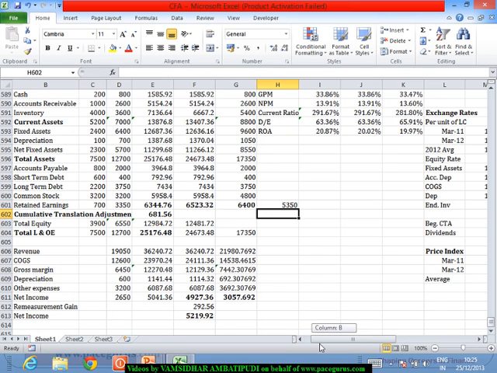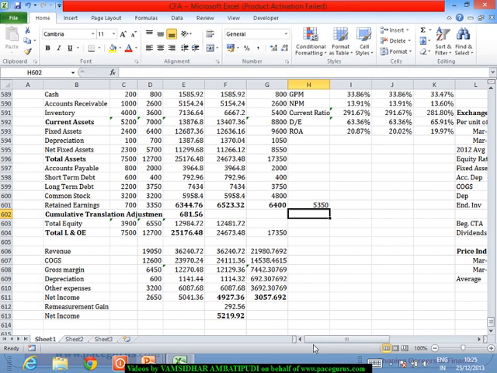So 5,350 happens to be my increase in the retained earnings for this period. Which means it's not a remeasurement gain in this case, it's a net purchasing power gain, which I take as 5,350 minus a net income of 3,057, making it almost 2,200 of purchasing power gain during this period.